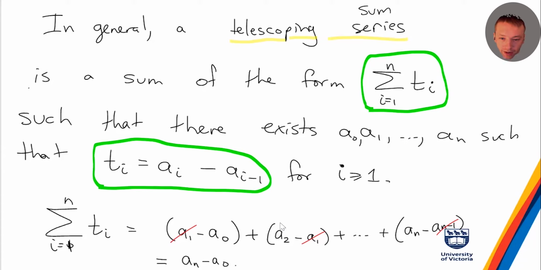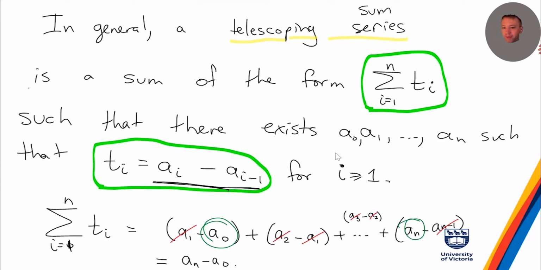Then I'm going to have a3 minus a2, and so on. Everything shows up with a positive and a negative, except for an and a0. So when you sum up a telescoping series, it just equals an minus a0.